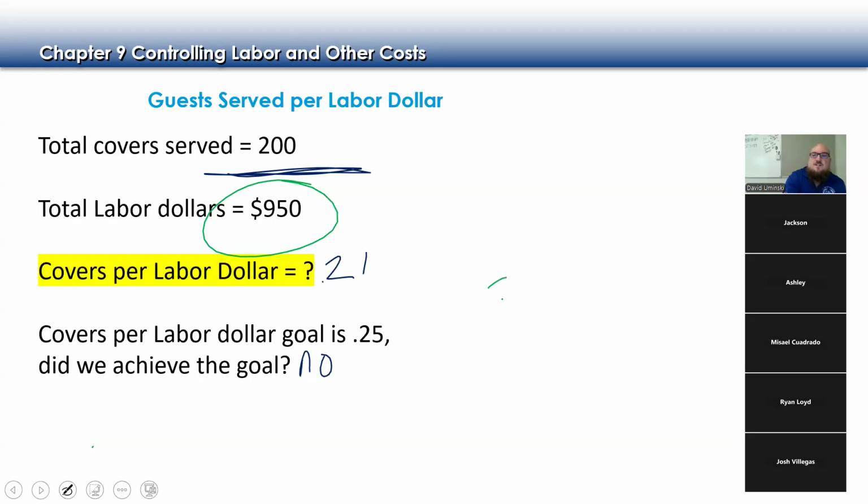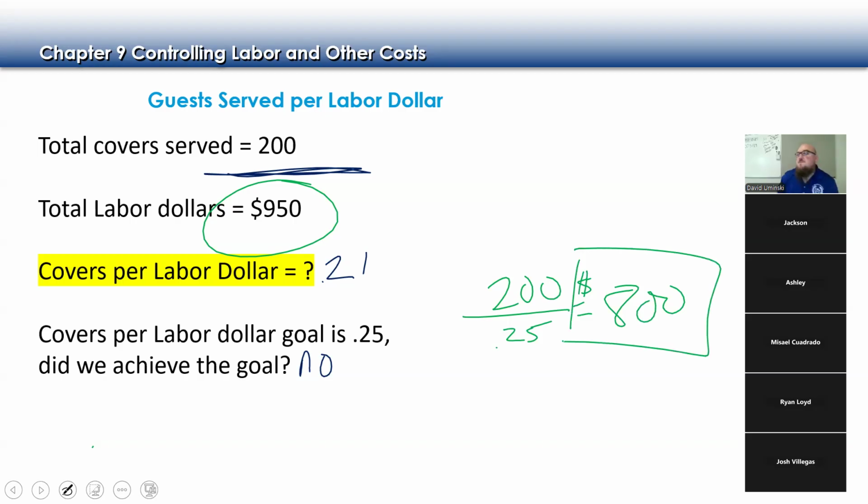If my goal is 200 guests and 0.25 per labor dollar, I should have spent $800. So how much more money did I spend on labor than I should have? $150. Good.